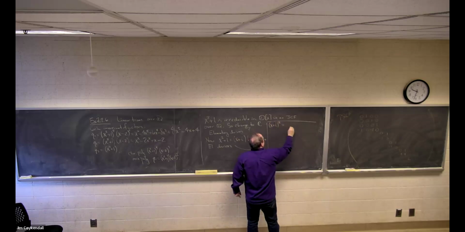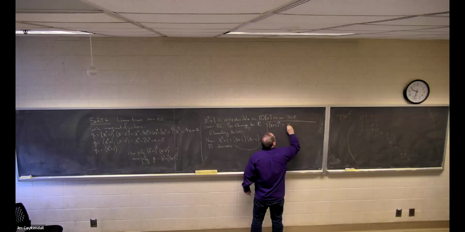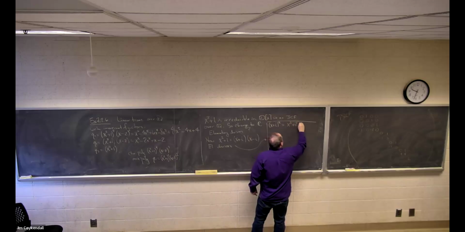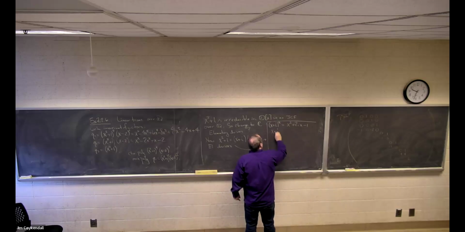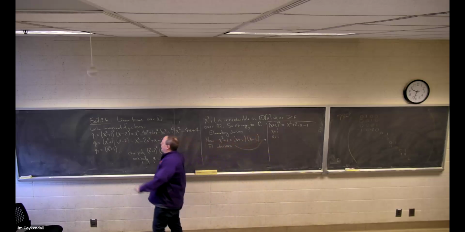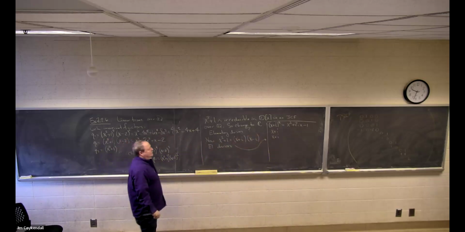Which I guess I better multiply this out. This is x squared plus 2ix minus 1. And then I have the same bit with the factor of x minus i.